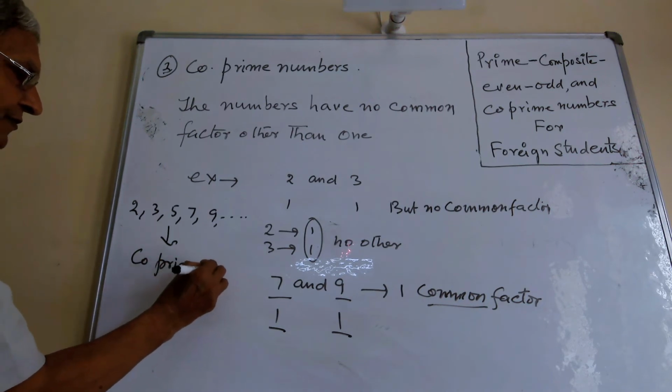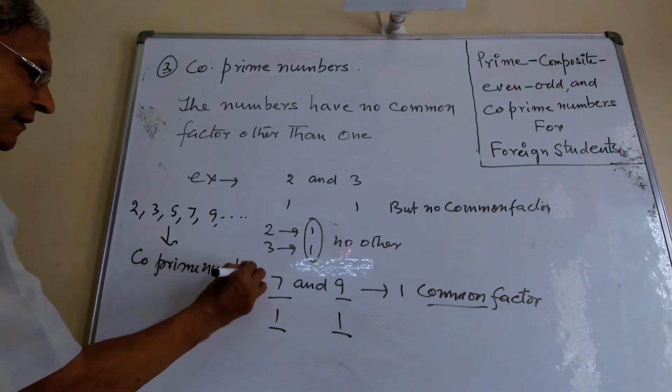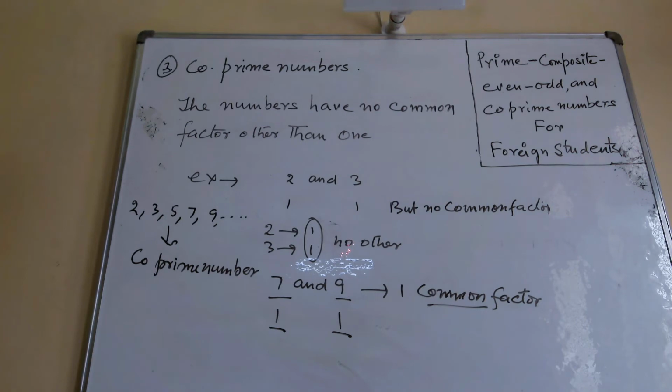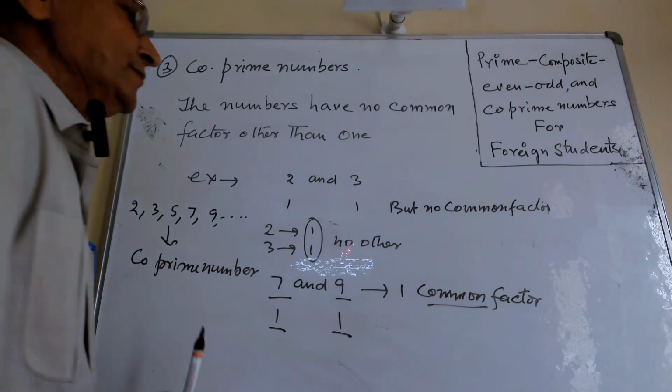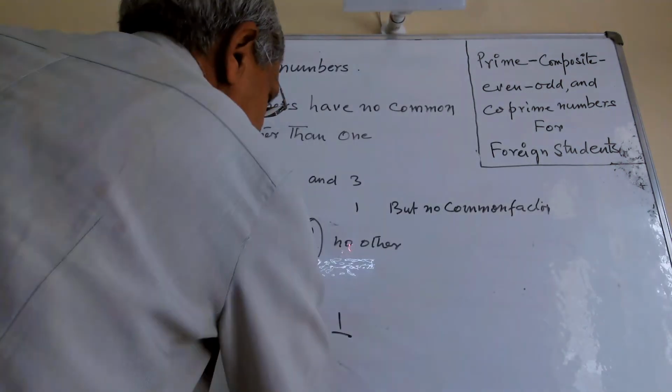Co-prime numbers have only 1 common factor and no other common factor other than 1. I think the definition of co-prime number is clear to you.